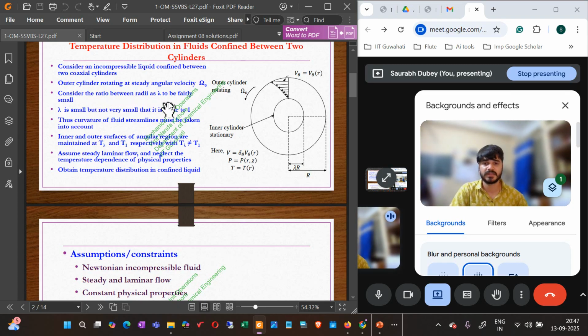Consider the ratio between the radii as lambda, and this lambda is fairly small, but this lambda is not close to 1, so that the radii of inner and outer are very close.